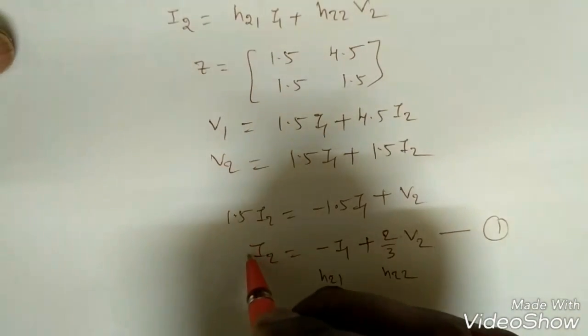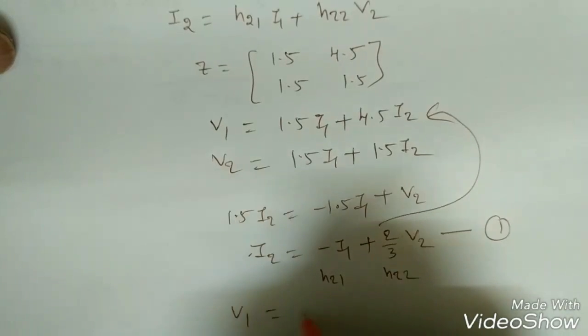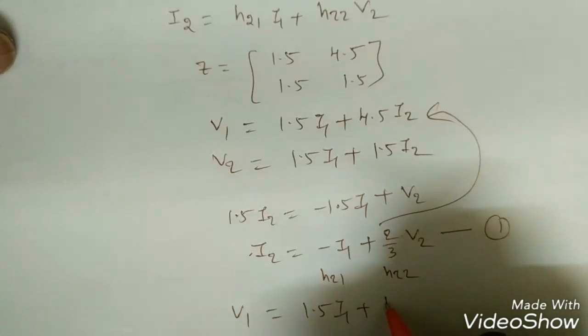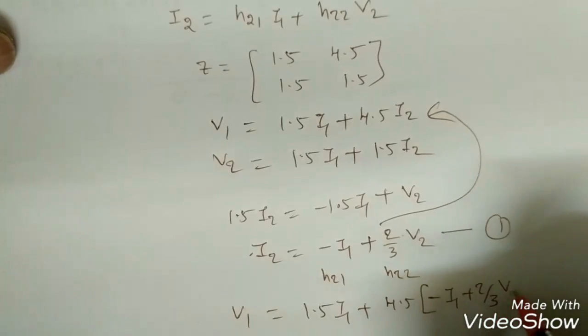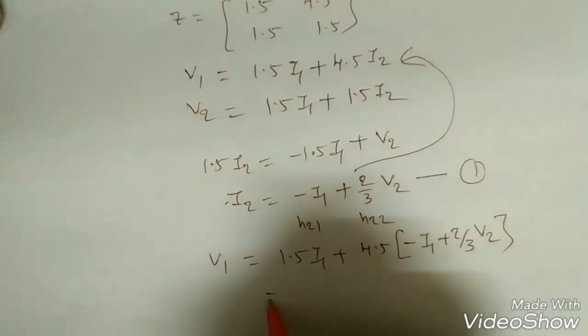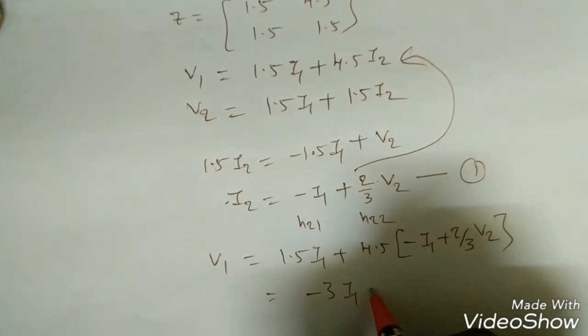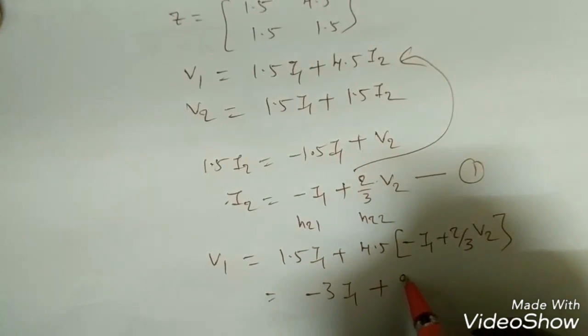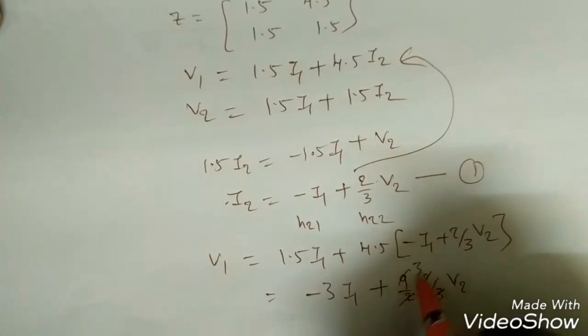Now if I substitute this I2 in this expression, I will get V1. That is V1 is equal to 1.5 I1 plus 4.5 into (minus I1 plus 2 by 3 V2). See here, 1.5 minus 4.5 is minus 3 I1 plus 9 by 2 into 2 by 3 V2. So the 2 cancels, this is 3.